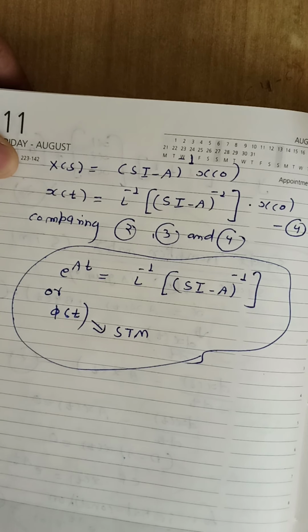Thus, transition from any initial state x of 0 to any other state x of t for any onward time t greater than 0 is possible provided that the state transition matrix is known.